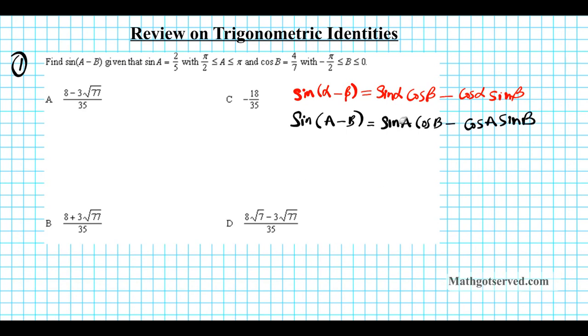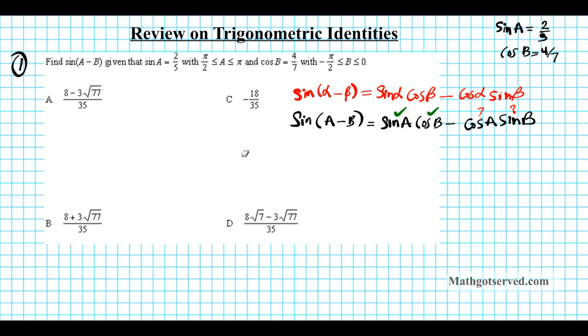We're given sine A, and we also know cosine B, but we need to find cosine A and sine B. Those are the two we need to find. All right? Okay, so we can make a list up here of the things that we have. We have sine A is 2 over 5, and then we also have cosine B being 4 over 7.